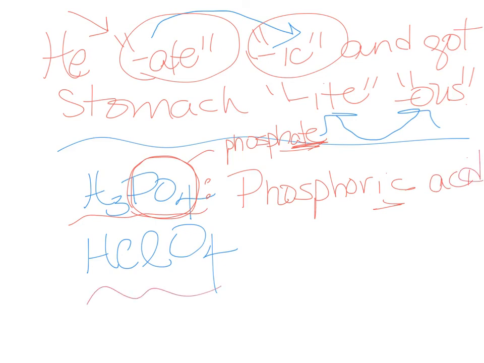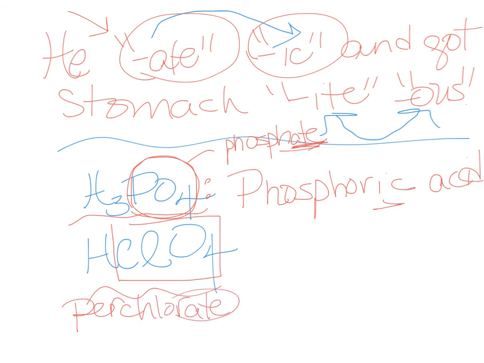Let's look at the next one. The polyatomic ion in this one is ClO4. That is called perchlorate. Again, I should have picked an ite one, but it ends in ate, so the acid name has to end in ic. So this is called perchloric acid.